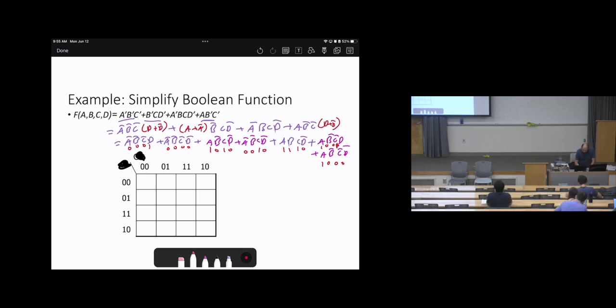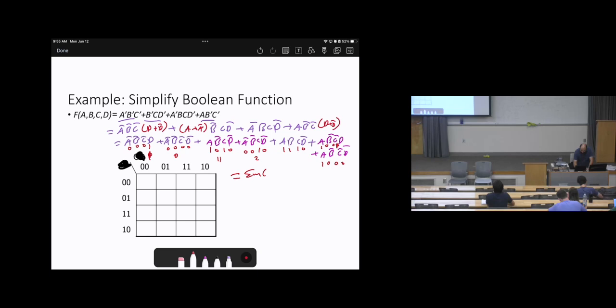So 0 0 0 1, convert this to min terms. This is equivalent to 0, and this is equivalent to 1. This is equivalent to 0. 1 0 1 0 is equivalent to, I think, 11. 0 0 1 0, this is equivalent to 2. 1 1 1 0 is equivalent to 15.